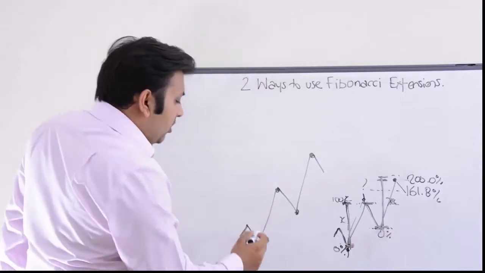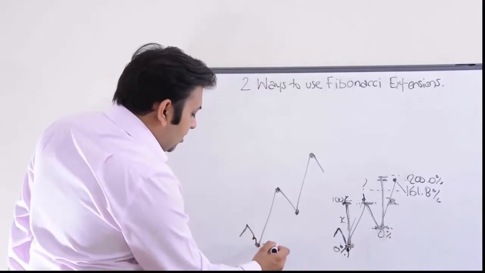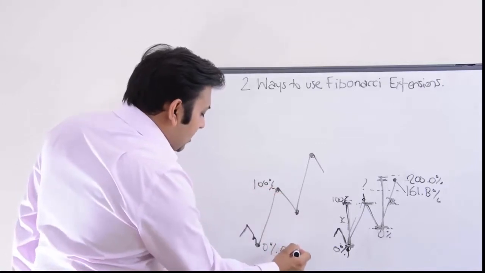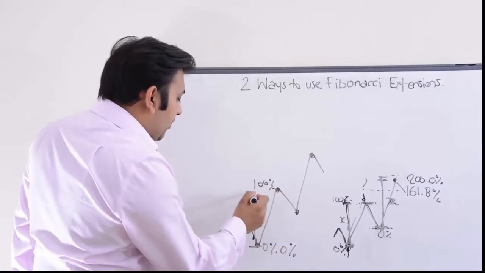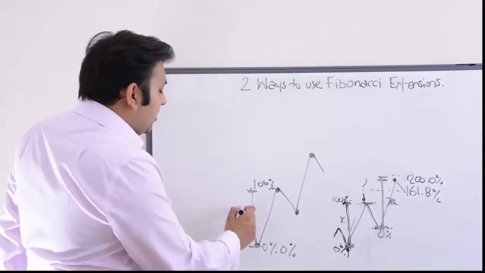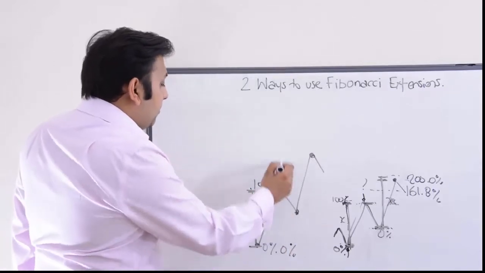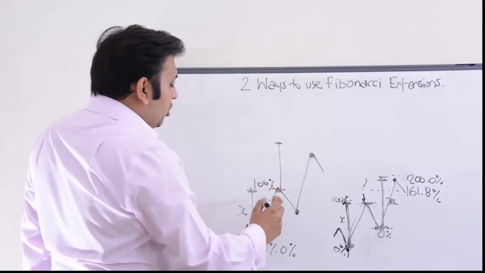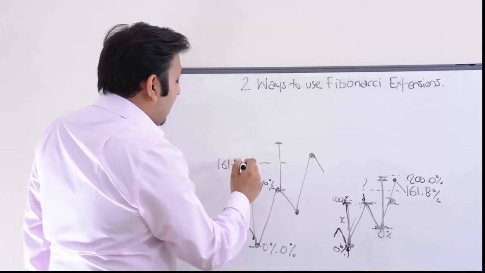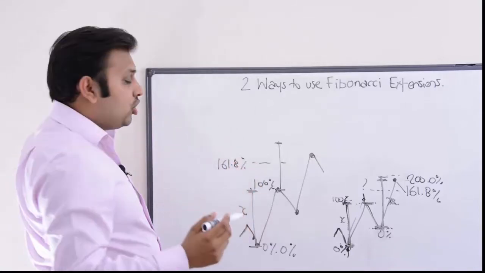And the second way of using this is to use this as the 0%, this as the 100%, and then this again as the 0% as well. So you've only got that distance from there to there. What that will do is forward project this distance, let's call this X, up for the next wave, and then you can look to see where the 161.8, which is one of the key levels on the Fibonacci extension to look out for.